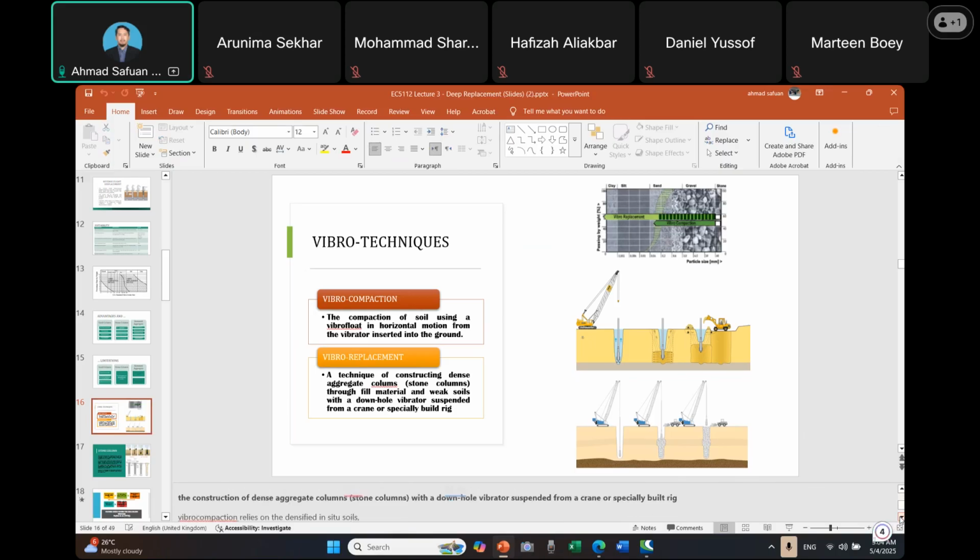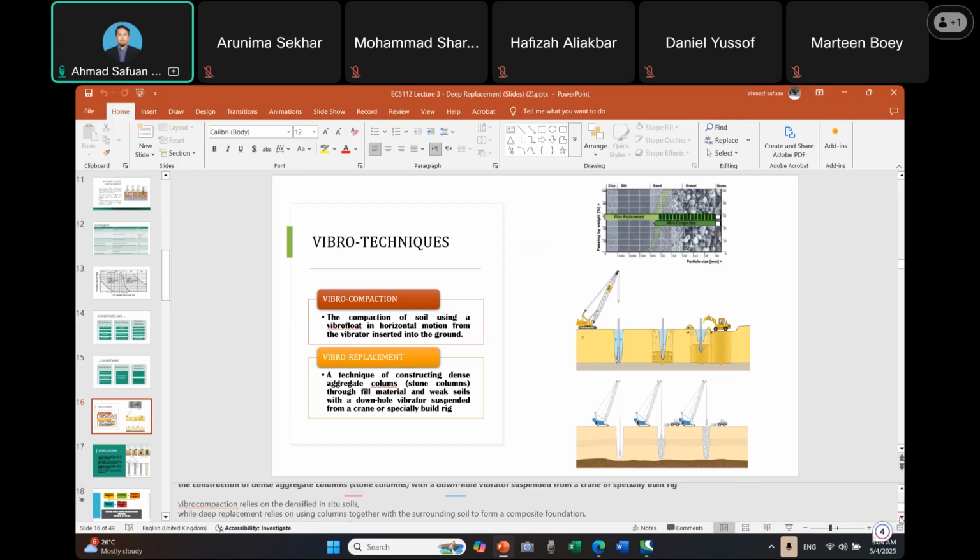The construction of the dense aggregate column uses a downhole vibrator suspended from a crane or specially rigged. Vibro compaction relies on the densified in situ soil, while deep replacement relies on using column together with the surrounding soil to form a composite foundation.